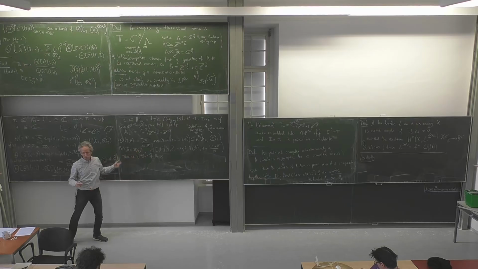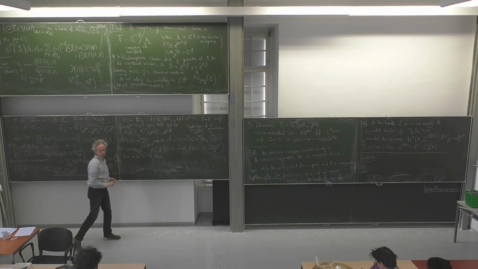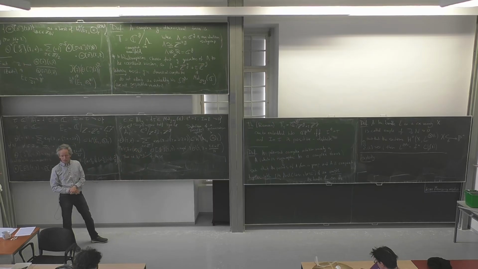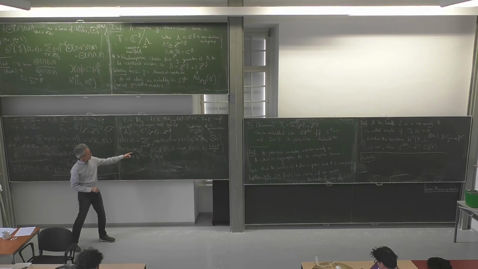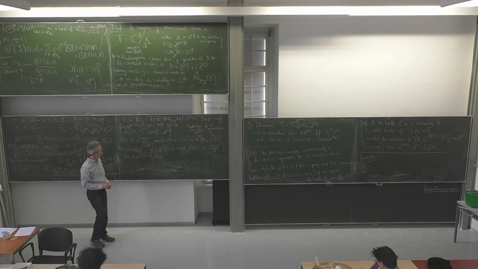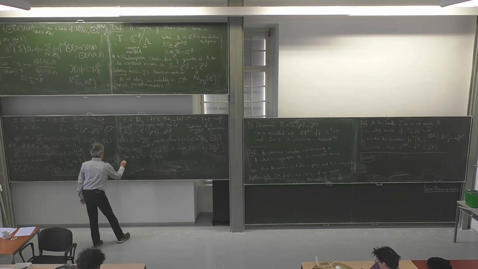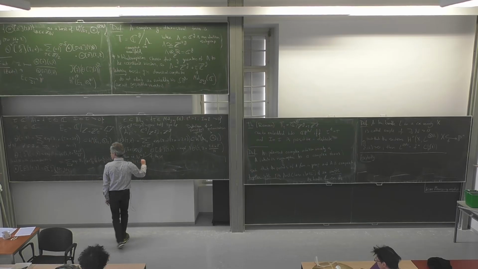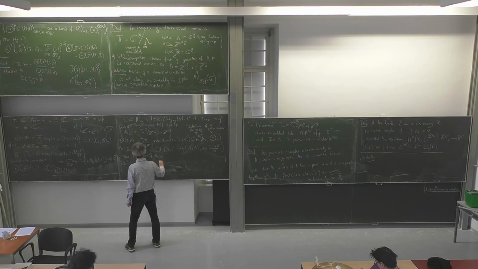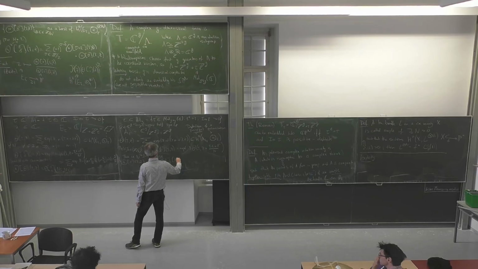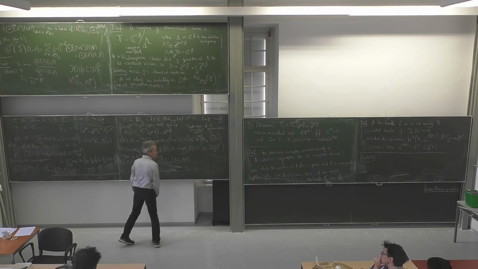Because how many choices do I have? I have to choose g entries from 0 to n for each of these. I have this, theta epsilon tau z is equal to theta epsilon 0 and tau z. No change.